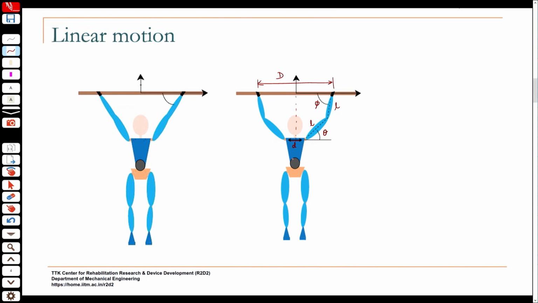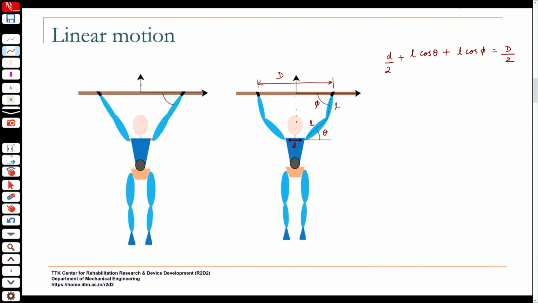What would be the constraint equation I would start with? If I look at this distance, it will not change. So, I can say d by 2 plus L cos theta plus L cos phi equals capital D by 2. That is a constraint equation that I have.